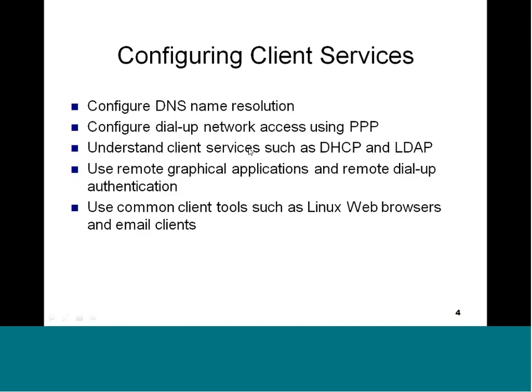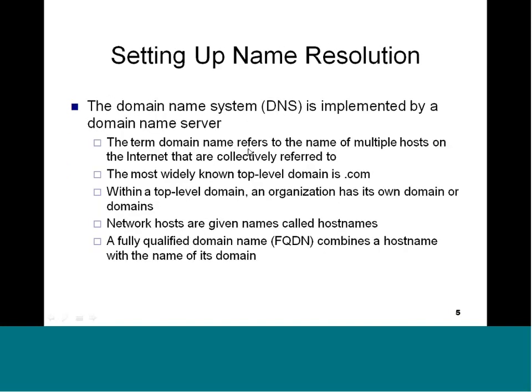So let's look at how we do it. In this course we will be talking about setting it up, but again it's a translation file. That's how you can view it, where you can think of the numerical IP addresses on one side and the actual text based domain names on the other side.